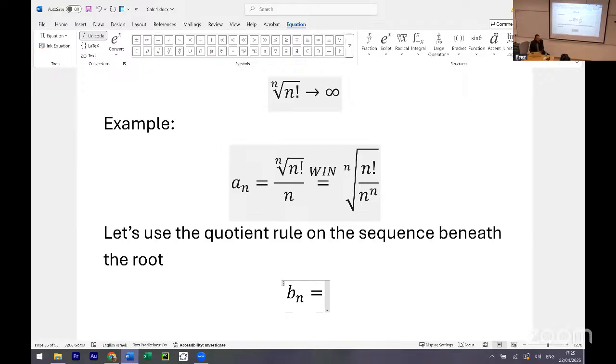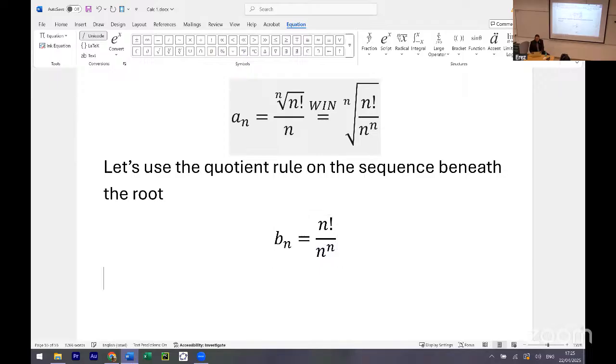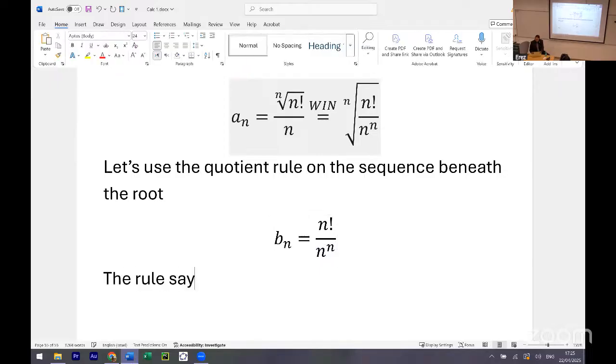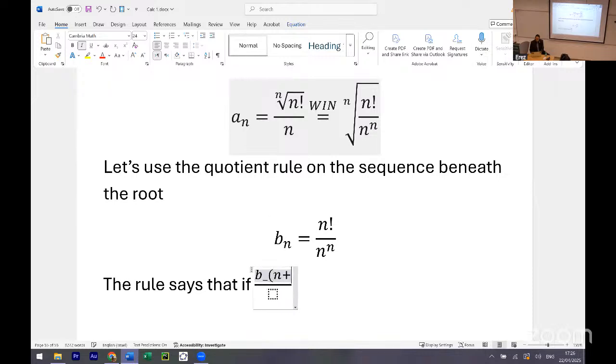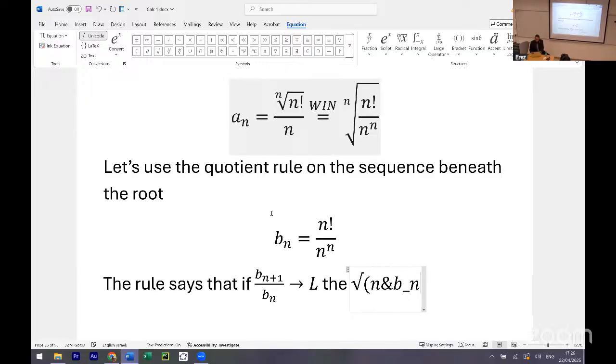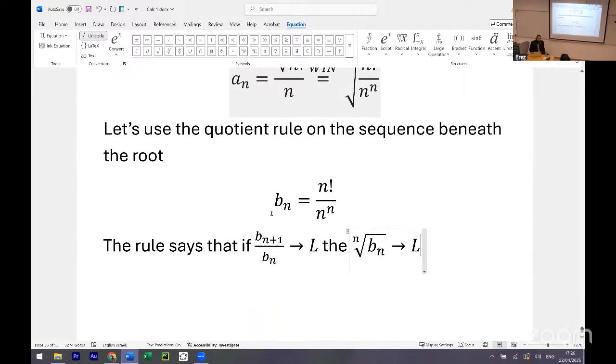So Bn is the sequence beneath the root, and without calculation, the rule says that if the quotient Bn plus 1 over Bn tends to L, then the root of Bn also tends to the same L. That's what the quotient law promises us.